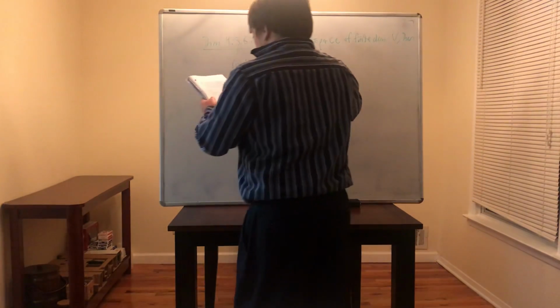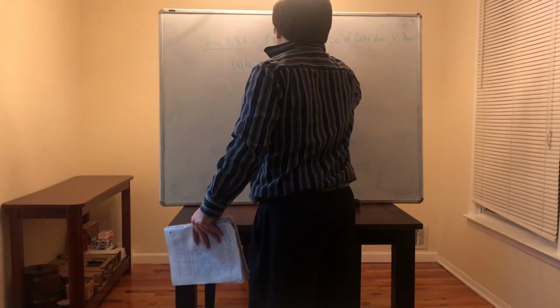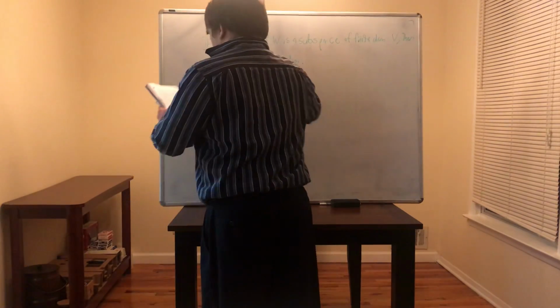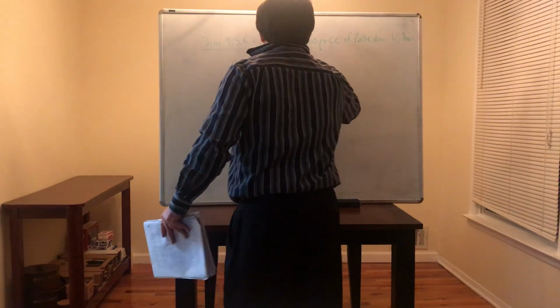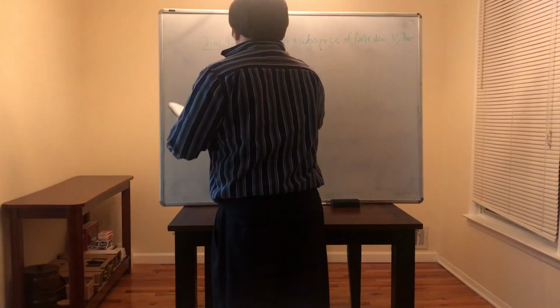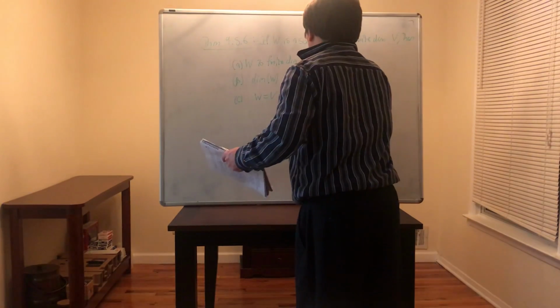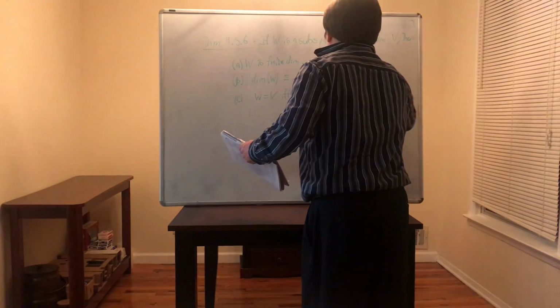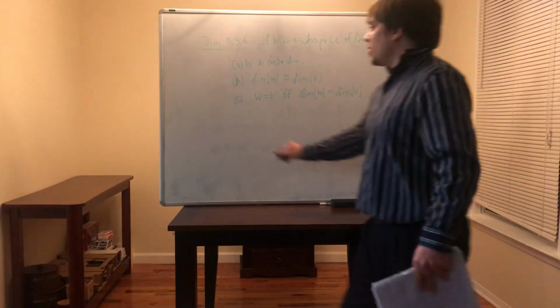A. W is finite dimensional. B. The dimension of W is less than or equal to the dimension of V. And C. W equals V if and only if the dimension of W is equal to the dimension of V. Okay? So this is theorem 4.5.6.